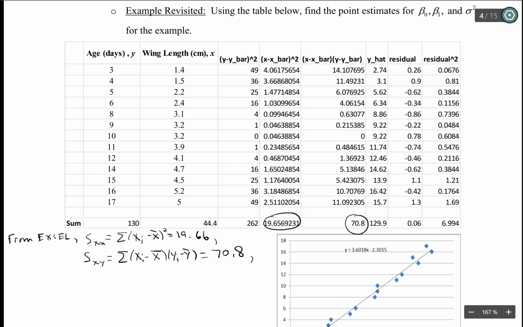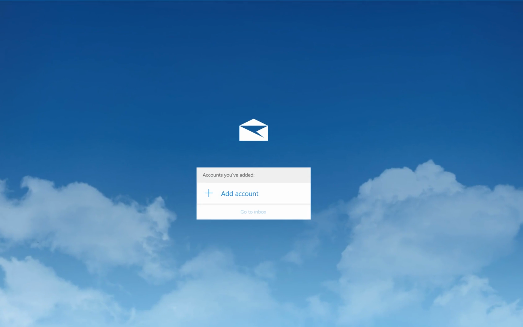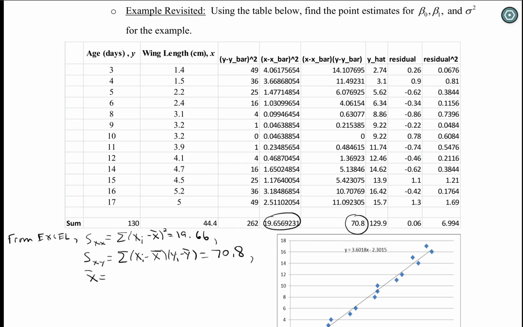Another thing I'm going to need is x bar and y bar. x bar is 44.4 divided by 13. If you do that, you should get 3.42, and the sample mean for y, 130 over 13, is 10.